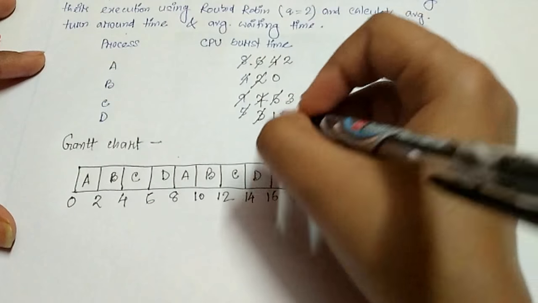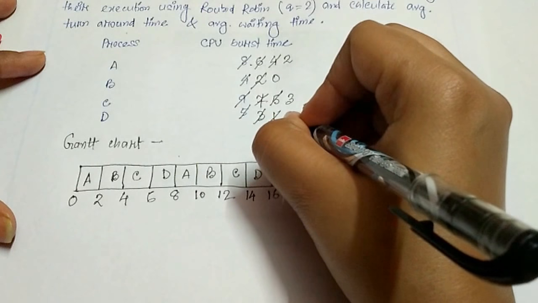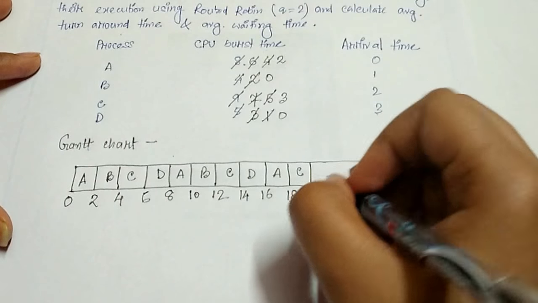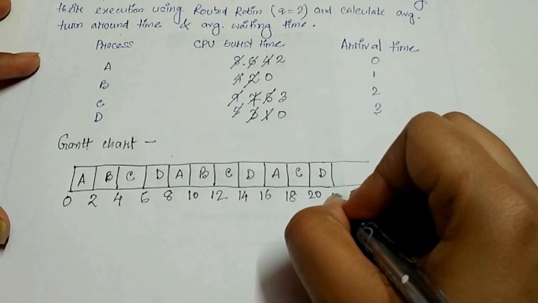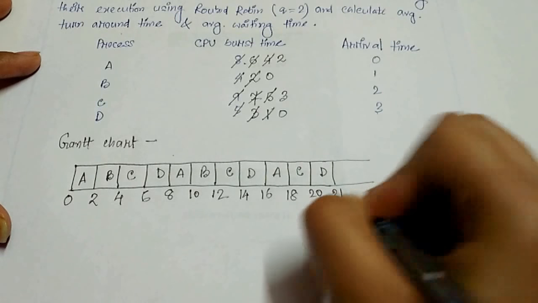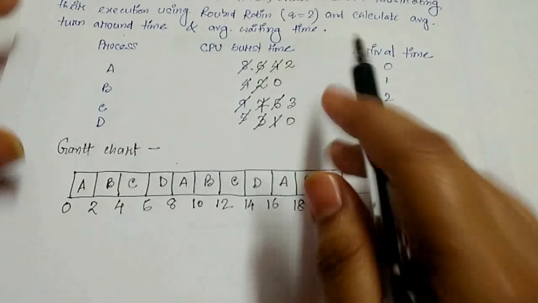So if we take 1, 0 remains. D process, and adding 1 to 20 gives 21, and D has nothing left.